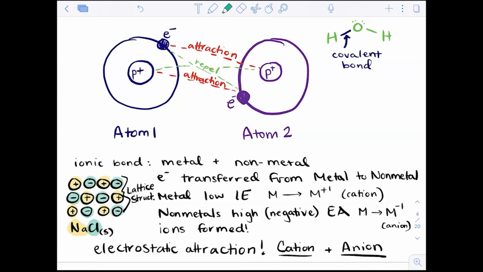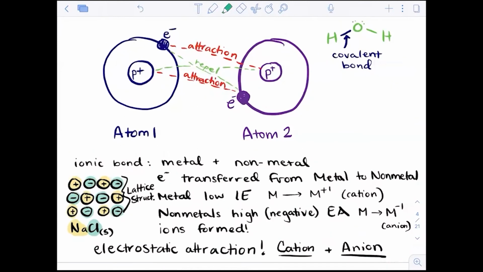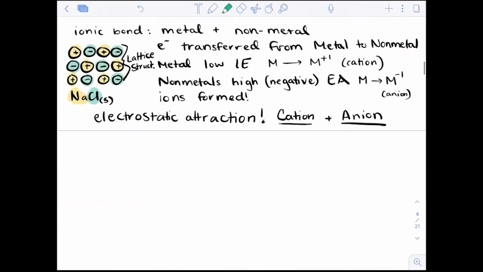So this alternating Na+1, Cl-1 builds up all of our alternating charges so that we can truly see, yes, there's one sodium and one chlorine ion here that is represented with NaCl. What we call that is a formula unit.